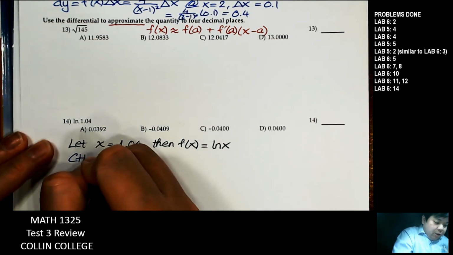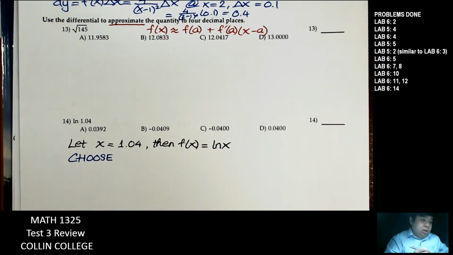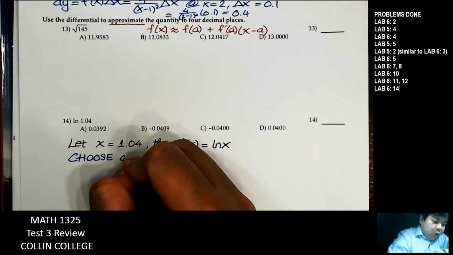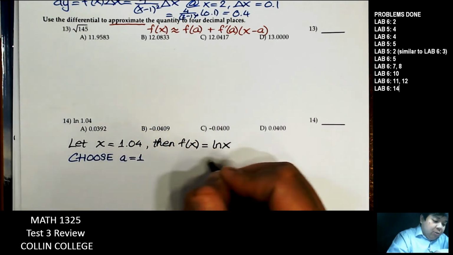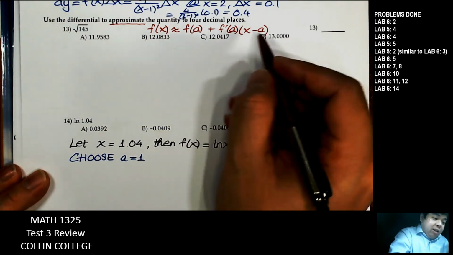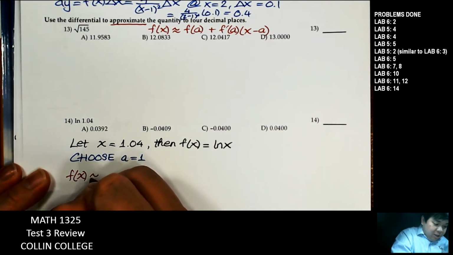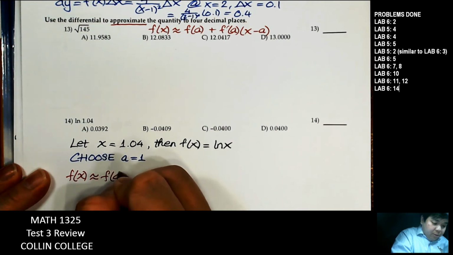First, whatever the weird number we see in the problem, it's only one number in the problem. We let that be x. Then we have the function equal to ln of x.